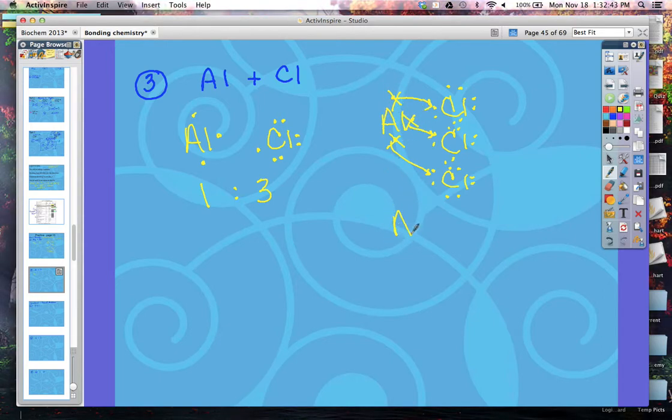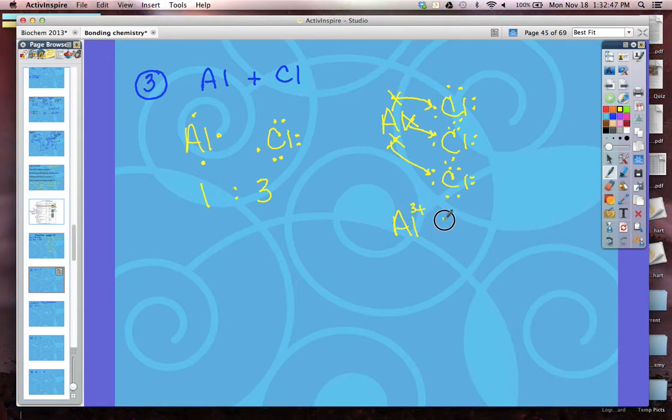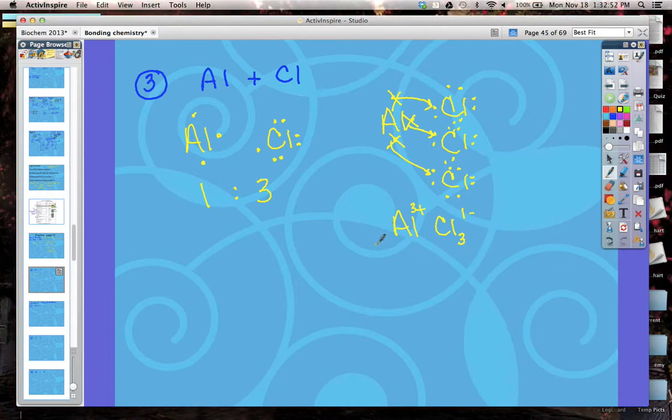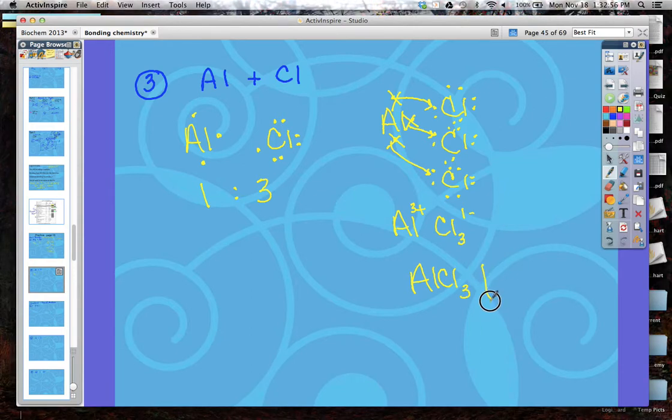So I end up with Al with a positive 3 charge, and Cl, 3 of them, with a negative 1 charge each. That gives me AlCl3. So that's how you do ionic compounds.